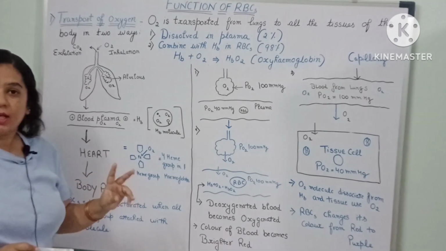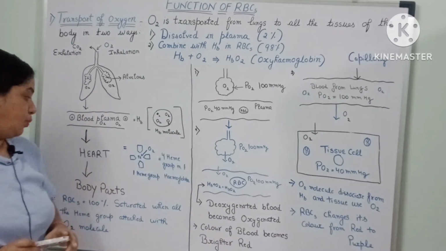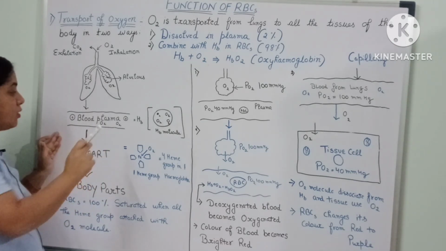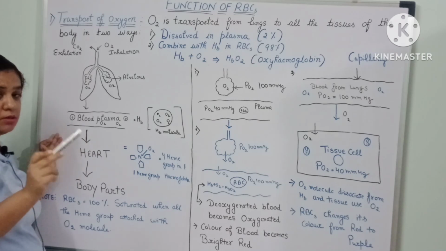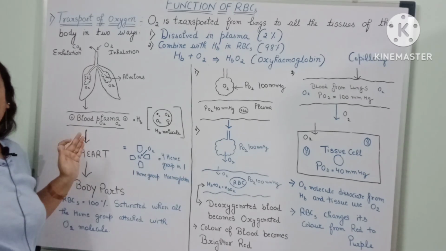So there are 4 heme groups, so 4 oxygen molecules will attach with the hemoglobin, and when this blood becomes oxygenated, because the hemoglobin is attached with oxygen, it goes to the heart through the arteries.